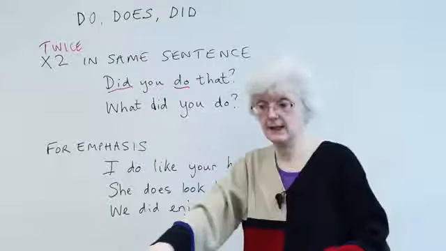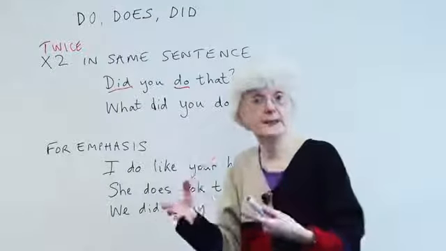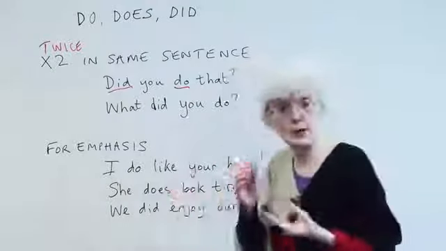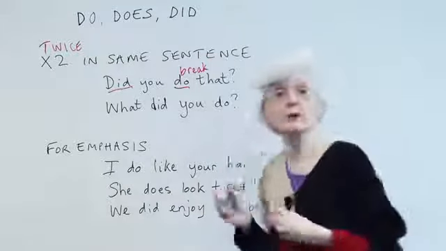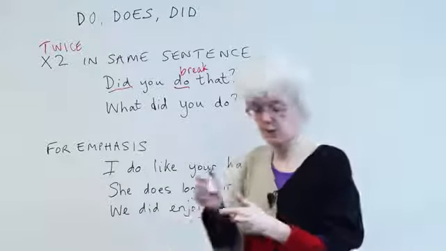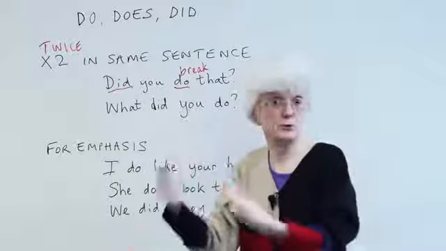Did you break that? So the do refers to some action like break. So the mother could say, did you break that? But you can just use the verb to do, meaning to do some action.